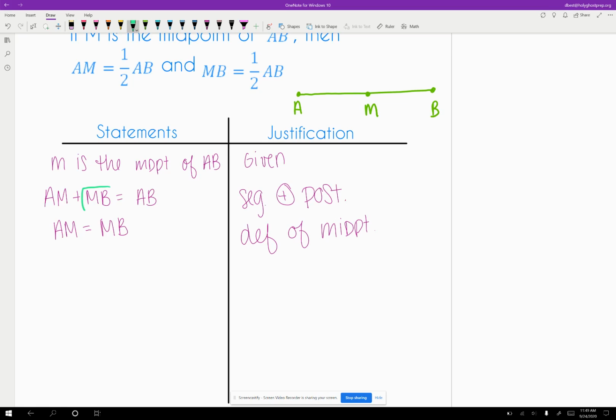So I'm going to take out one value of MB, and I am going to replace it with another value of AM. So now my equation will be AM plus AM equals AB. And this was a use of our substitution property.